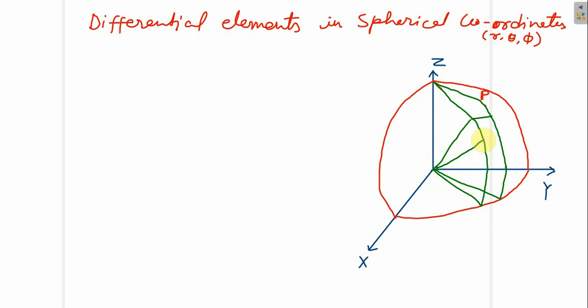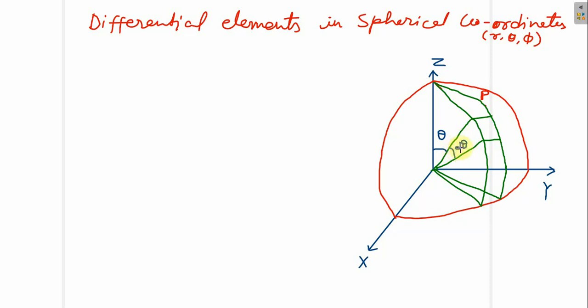So we are considering the differential elements here. Let's say that this angle was theta. If I want to extend this theta to some greater extent, then let's say this small increment in theta is your d theta.